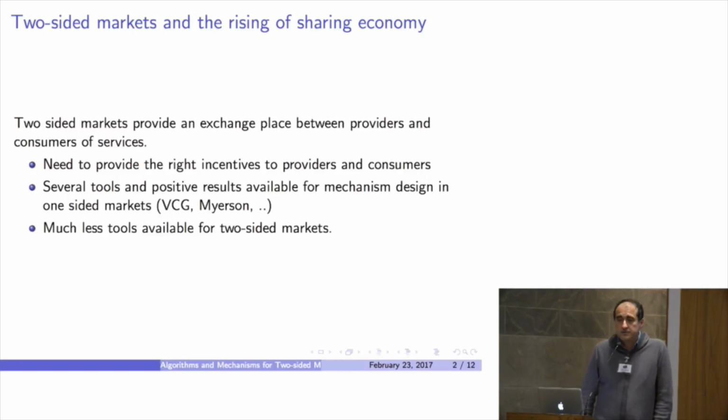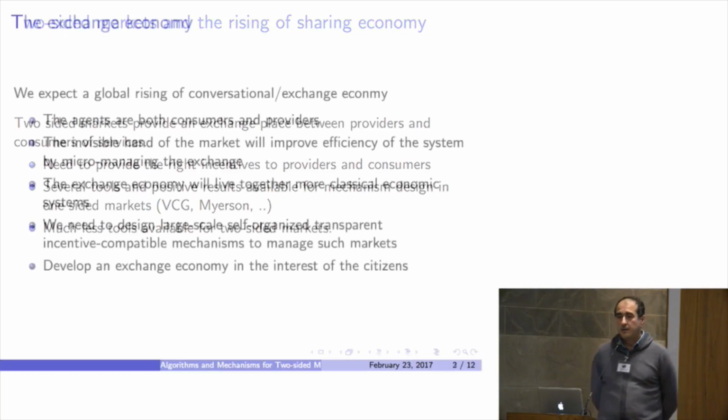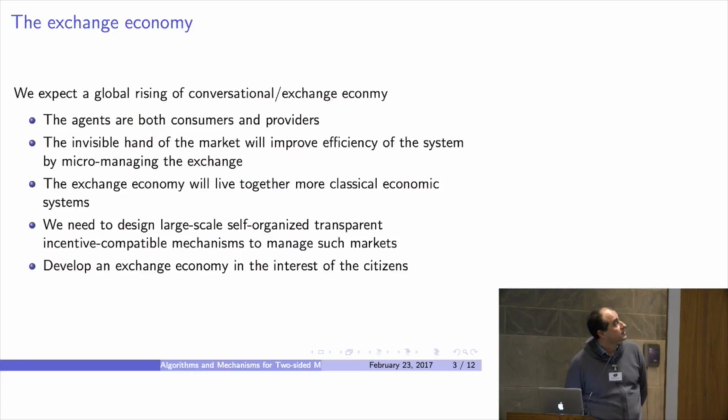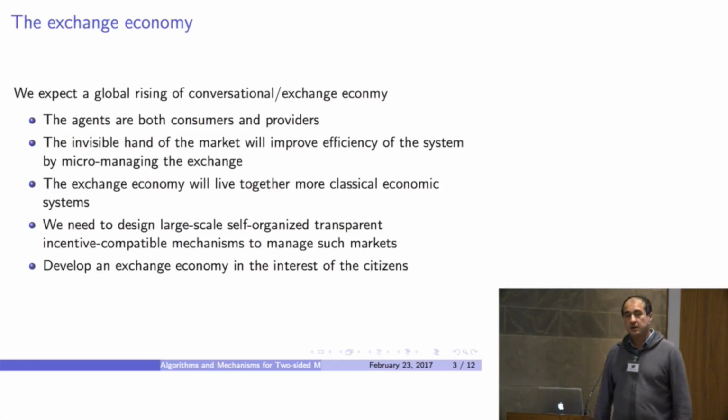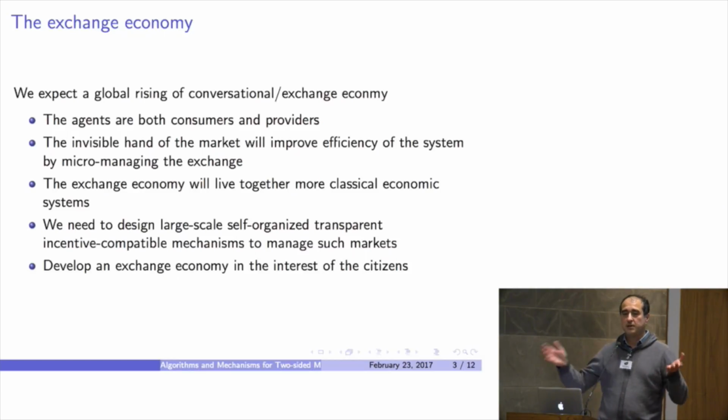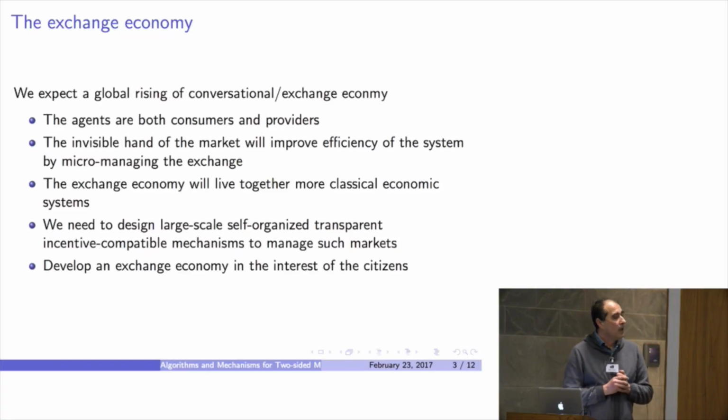First of all, as I said before, we have two classes of agents, both acting in their own interest, both providers and consumers of goods or services. And ideally, we would like the invisible hand of markets to improve the efficiency of the system by micromanaging the exchange between providers and consumers.